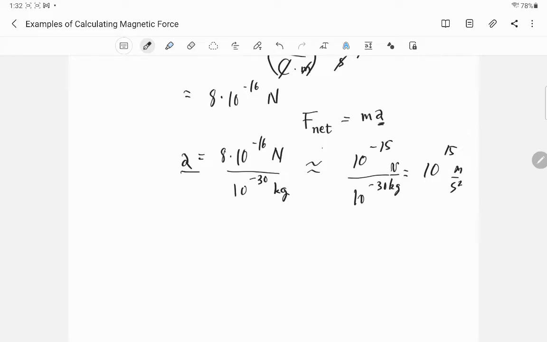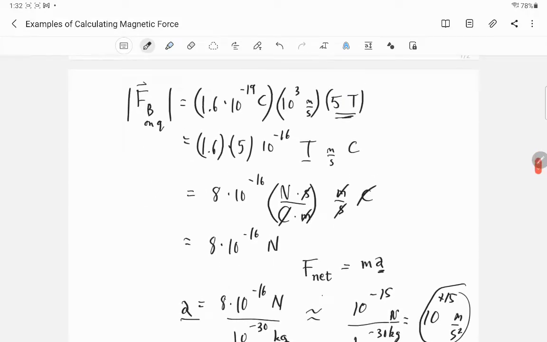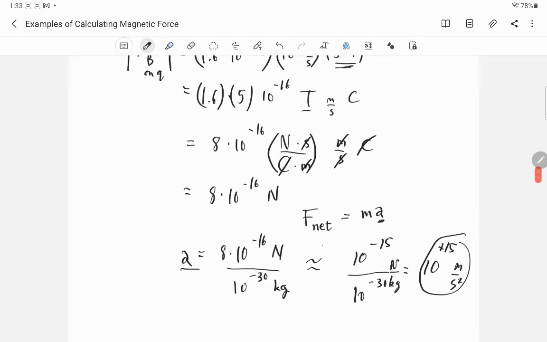It's units of acceleration, SI, because Newton is the SI unit of force and kilogram is the SI unit of mass. So 10 to the positive 15 meters per second squared. That's the sense in which I'm talking about a 5 Tesla field being crazy strong, because an electron has an acceleration of 10 to the 15th meters per second squared.